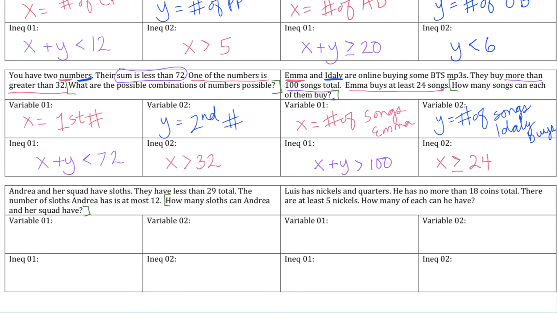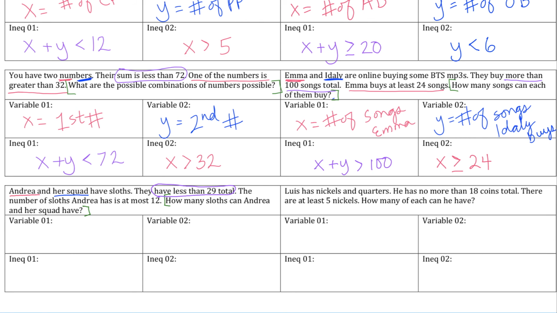So we'll make Andrea red and her squad blue. I haven't heard that terminology in a long time. They have less than 29 total. Oh, that's total, so let's make that purple.